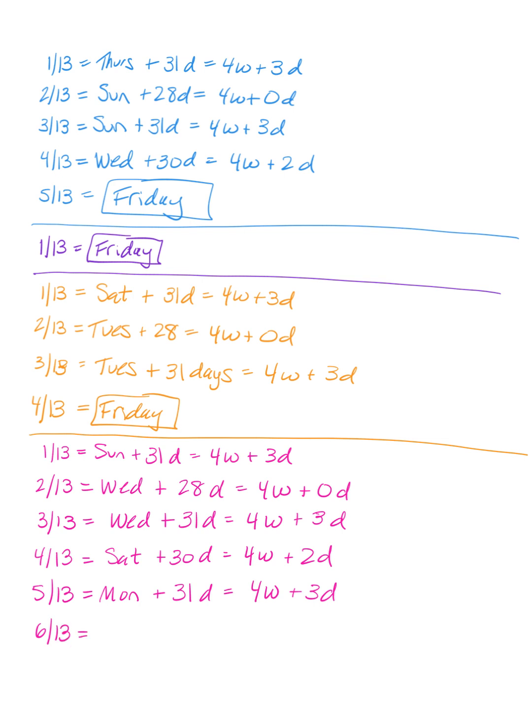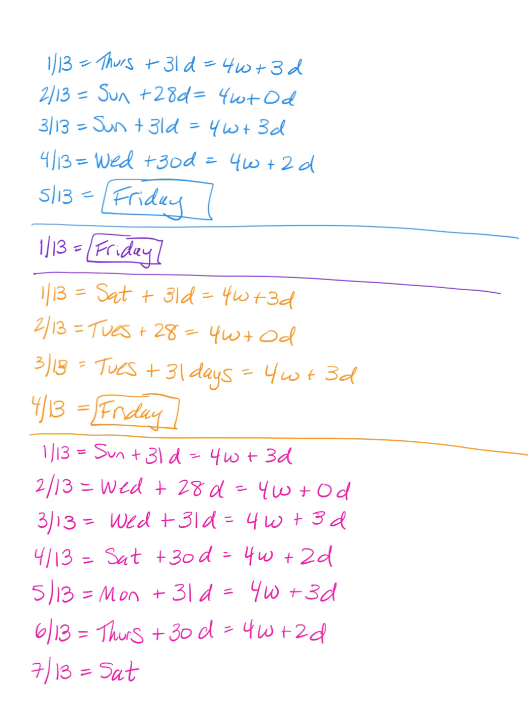So move the day of the week forward by 3 days, Tuesday, Wednesday, Thursday. And June only has 30 days, 4 weeks and 2 days. So move the day of the week forward by 2 days to get to July 13th. So that's going to be Friday, Saturday.